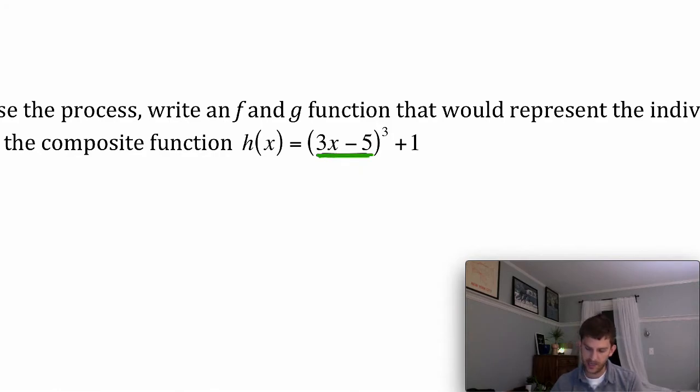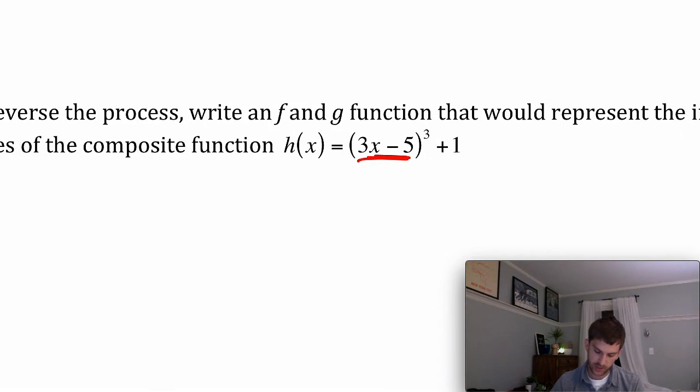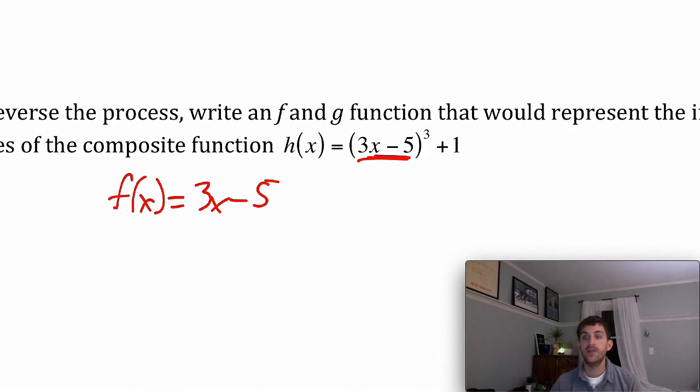So I'm going to say that f of x, actually let me switch colors. Let's call this 3x minus 5 its own function. So we'll call f of x 3x minus 5. Now the outer stuff, I'll call the other one g of x, is kind of like what would happen if we replaced that 3x minus 5 with just x.